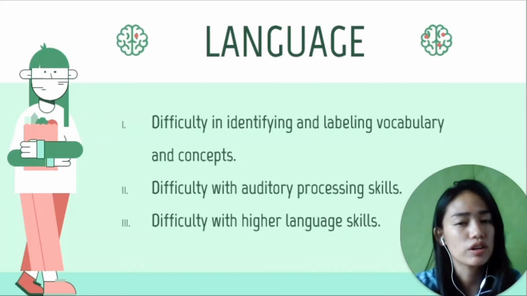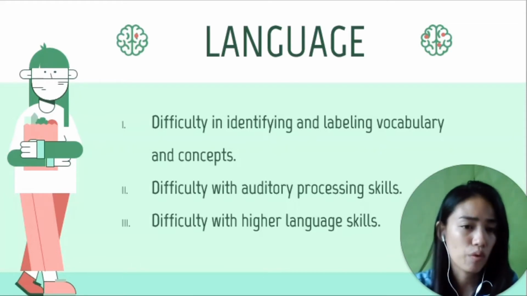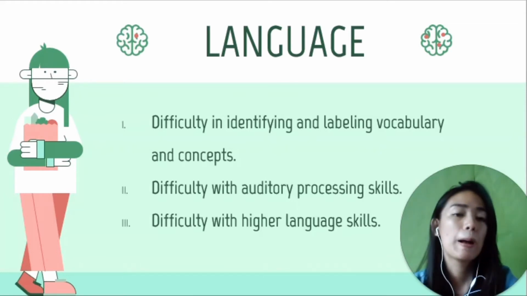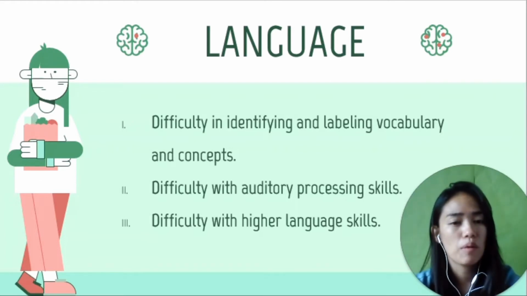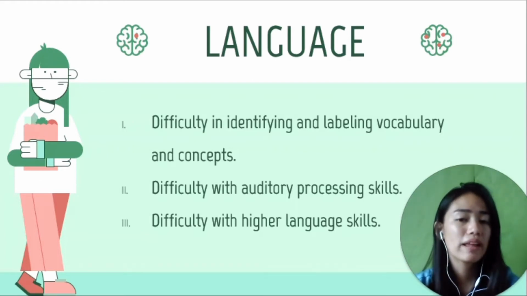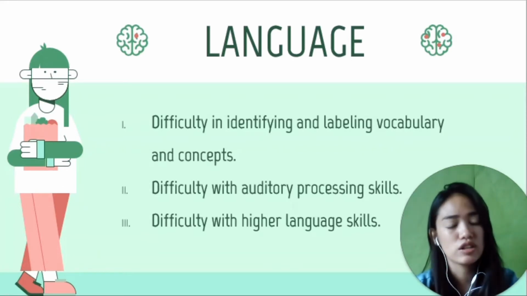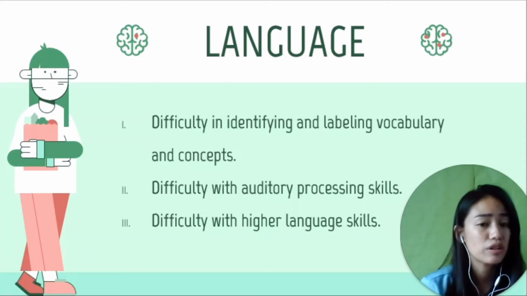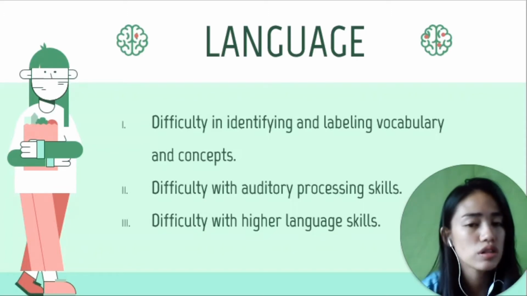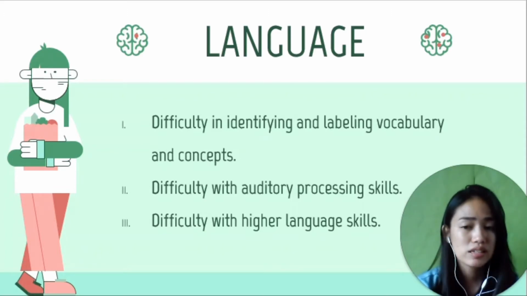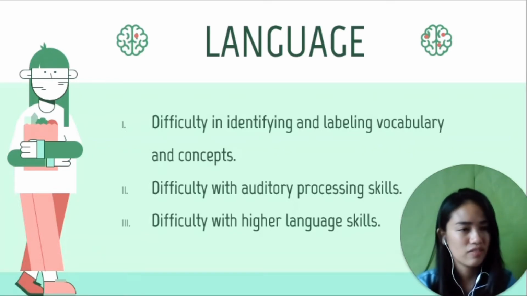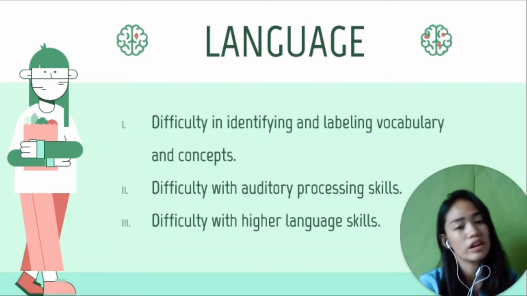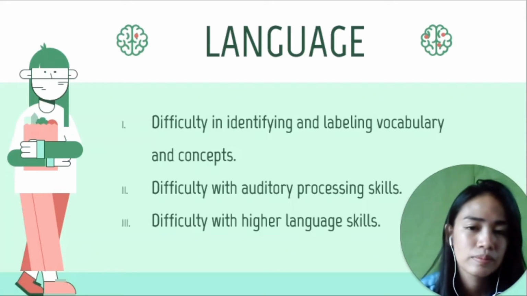So they may present difficulties in identifying and labeling vocabulary and concepts such as ADL objects, common people, common places, and then they might have difficulty with their auditory processing skills such as following commands, answering WH questions, also difficulty with higher language skills, like ITS or integrative thinking skills, so problem solving, inferential reasoning, and so on.